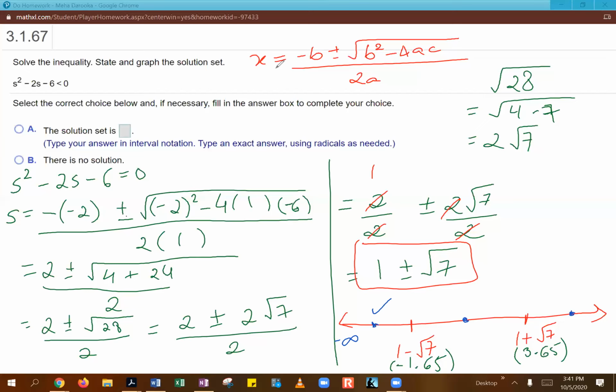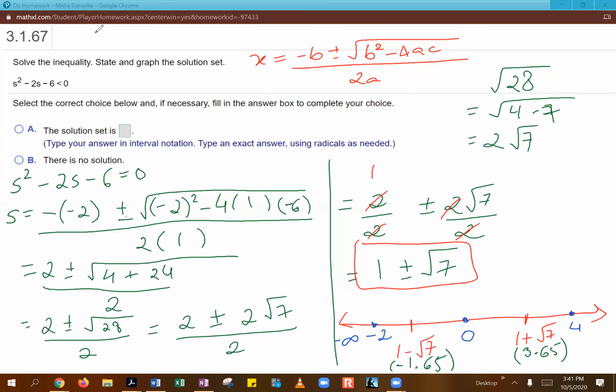So you can use -2 over here as our test point. Okay, what about the middle between the two x-intercepts? You want to go with 0? Okay, that would be fine. 0 is between -1.65 and 3.65. And then I guess Abdulaziz, you wanted to do 4 for that right-hand side. So as long as that's a number larger than 3.65, you are good to go.